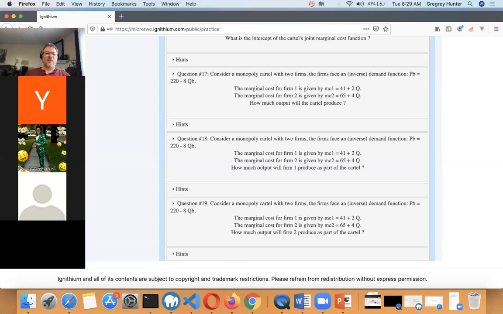Okay, so what's the issue that you're having, Aubrey, with this problem? Well, I think I did it right. I just am not entirely sure. So I had the joint marginal cost function as 1.33 Q plus 49.